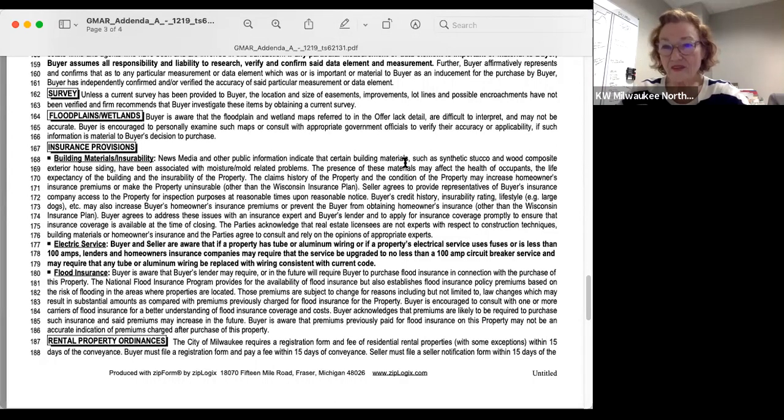But if these are important to you, if you're going to have a fence done, or if you need to know these things, the buyer is responsible to find out what the lot survey is by hiring their own surveyor. You can put it in your offer, but you can say that the buyer is responsible for obtaining it and paying for it. Again, a little part about floodplains and wetlands.